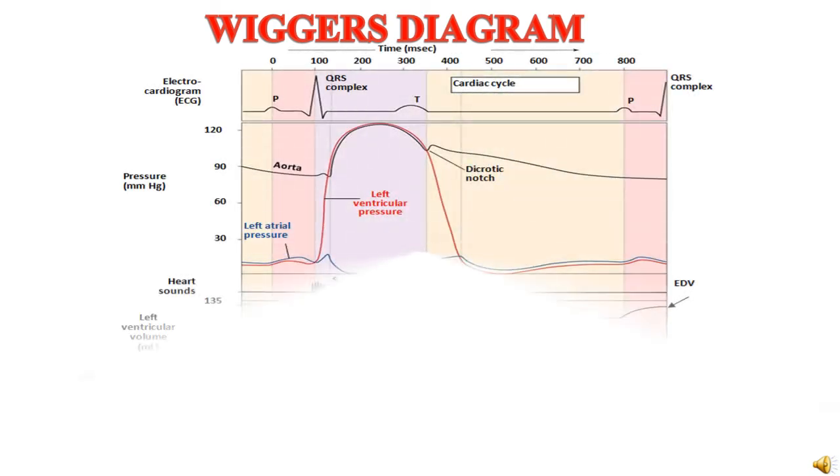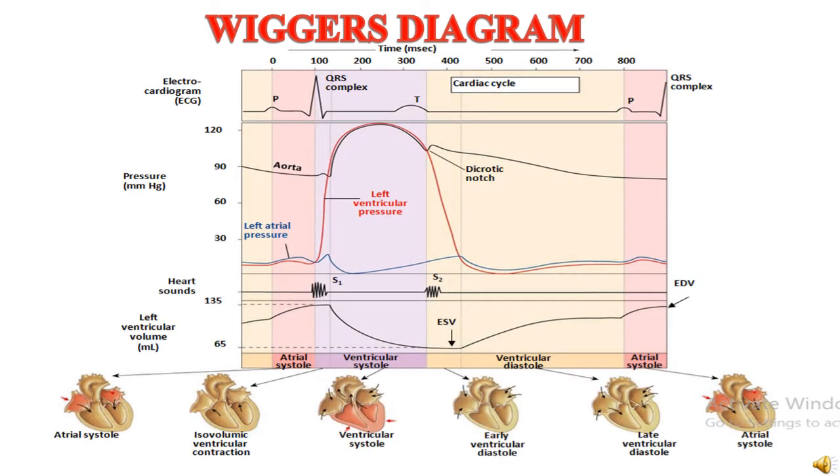This is the beautiful Wiggers diagram which contains the overall theory of the cardiac cycle, which includes all the volume, pressure and ECG graph in total. It is beautifully depicted when the heart sounds occur, when the volume goes up, when the volume goes down, when there is pressure increase, when there is pressure decrease, and also the electrocardiogram.